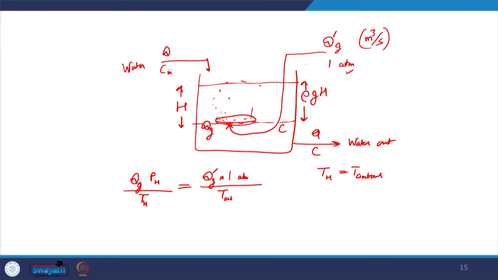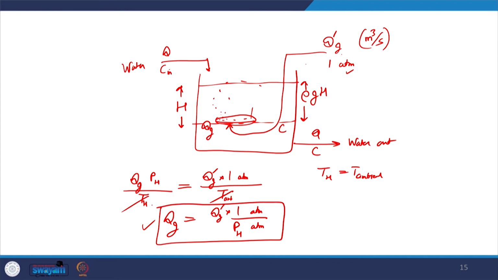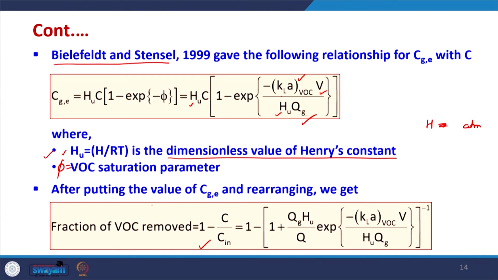So the temperature will cancel, and we have to calculate the actual flow rate of the gas at this condition, which will be equal to Q_g dash into 1 atmosphere divided by the pressure at that height, determined in atmospheric units also. This way we determine the Q_g value for use in this particular equation here and also in this balance equation.